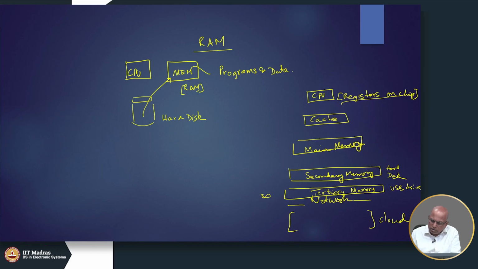Secondary memory, today it is not uncommon to find many gigabytes or maybe even terabytes. So, hard disks will be usually in terabytes. Even main memory is nowadays in gigabytes.